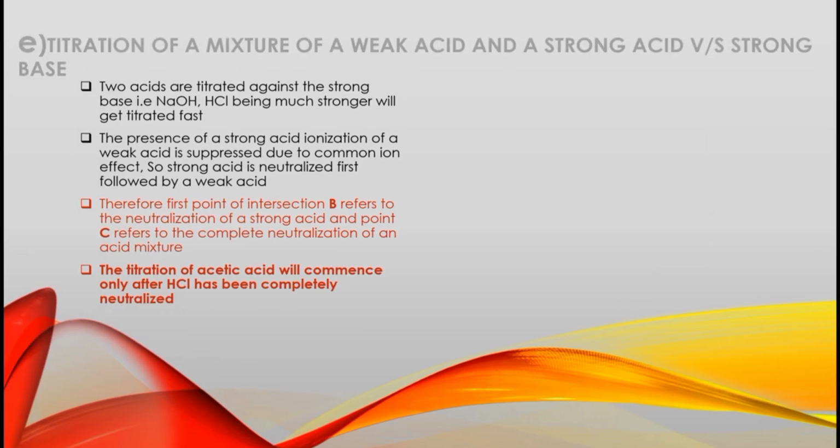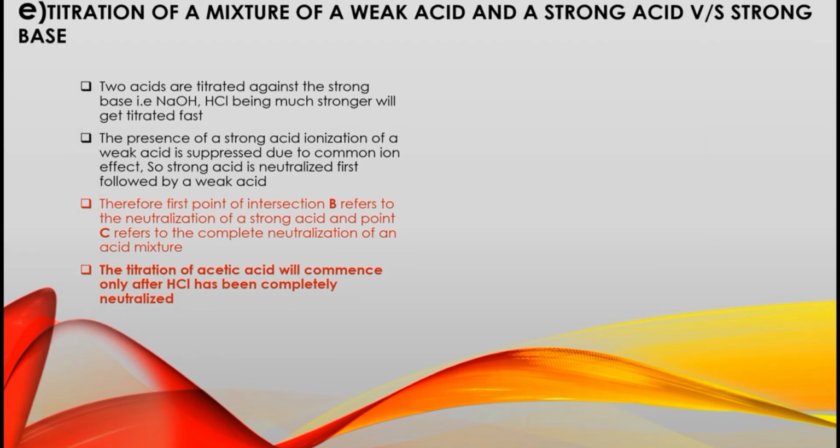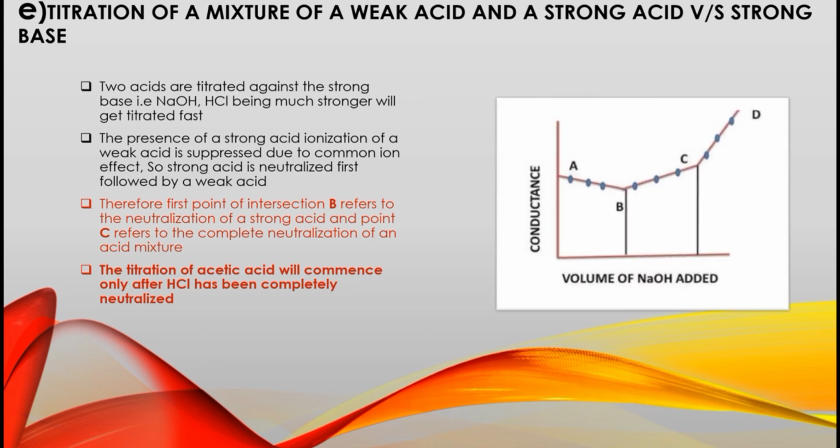The last type of titration is the titration of a mixture of a weak acid and a strong acid versus strong base. So here two acids are titrated against the strong base, that is the NaOH, and HCl. HCl, being much stronger, will get titrated fast. In the presence of a strong acid, ionization of a weak acid is suppressed due to common ion effect.